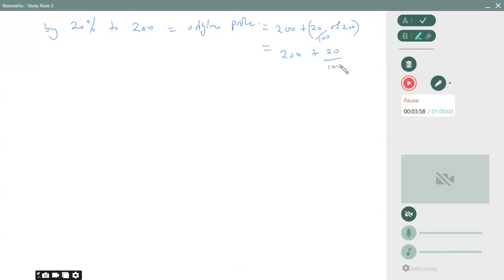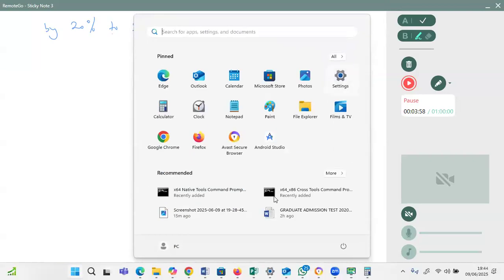That's what I'm thinking. So this one gives us $40. That's not proper. Okay, let's read again, no problem.